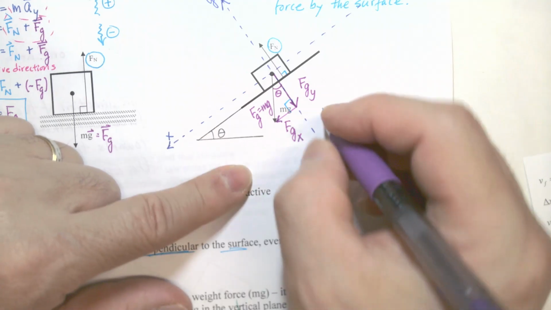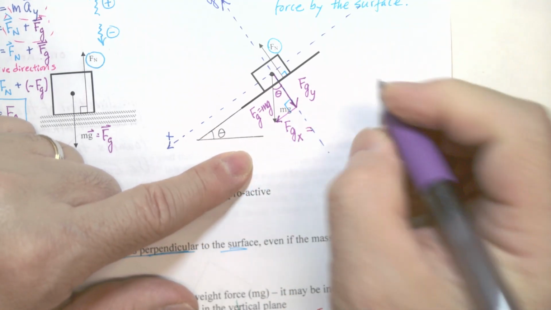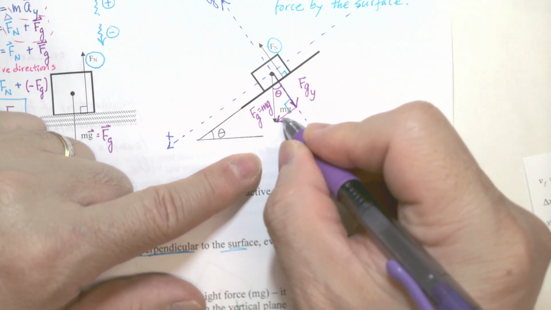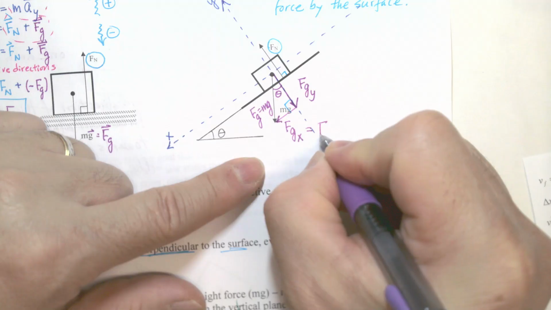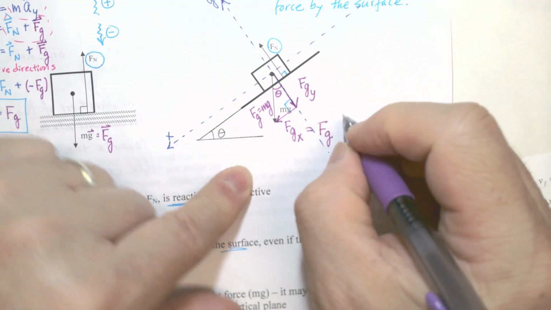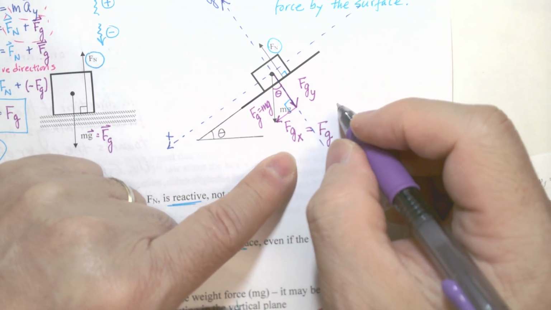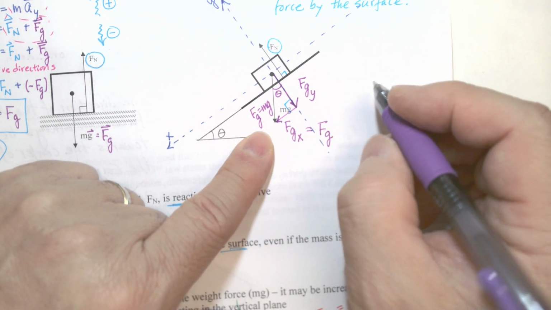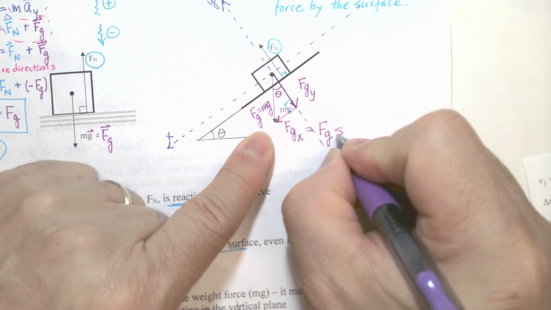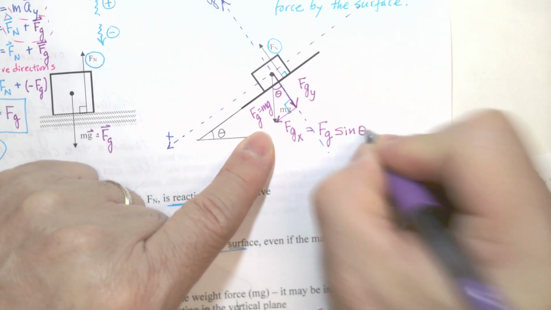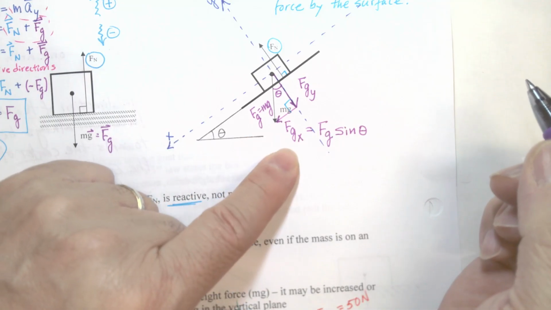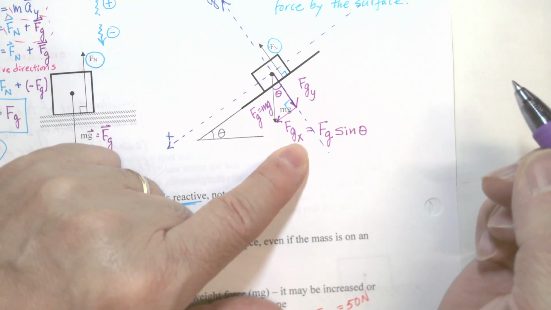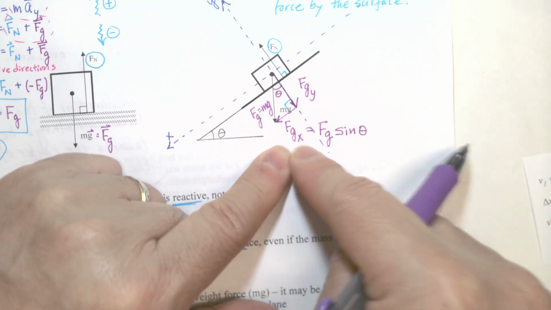So here, my FGX is now simply the opposite component, which is FG times what? Opposite component of my angle theta, which is sine theta. So if you don't pay attention, you're going to get screwed. X sine.